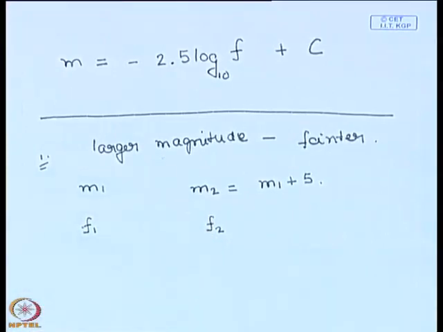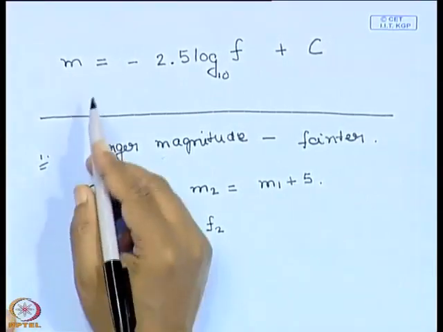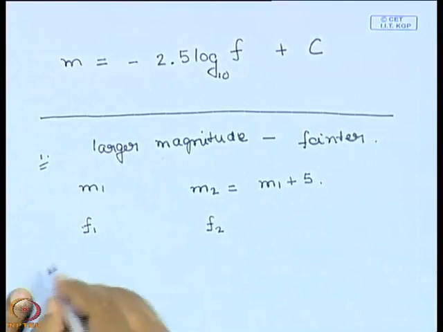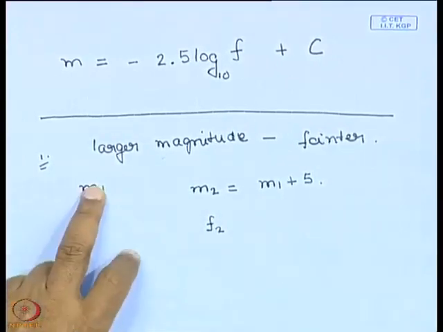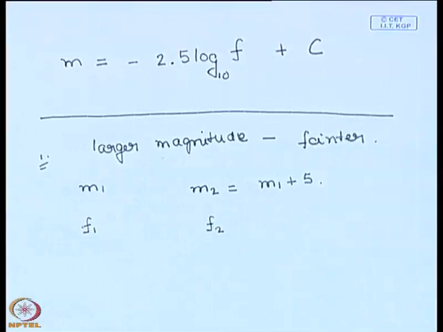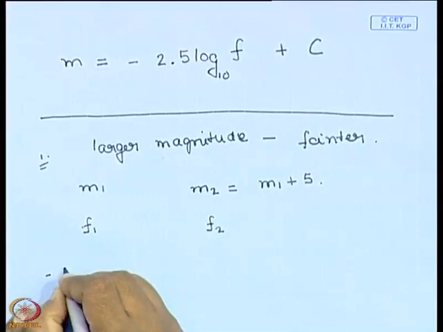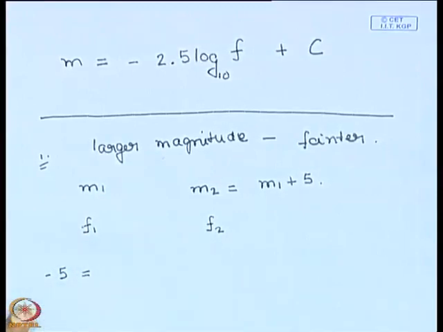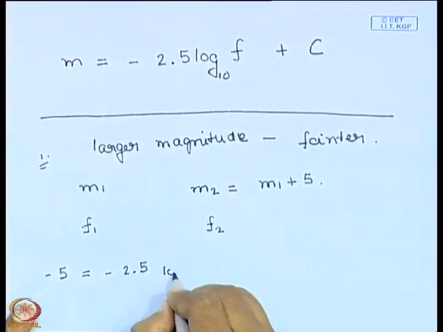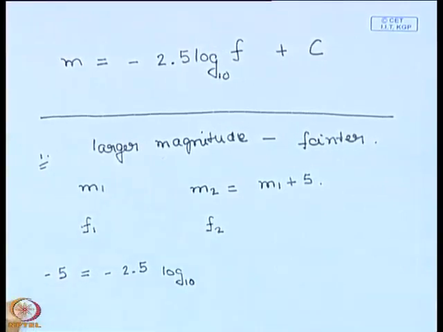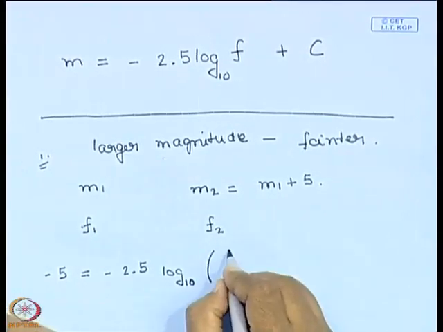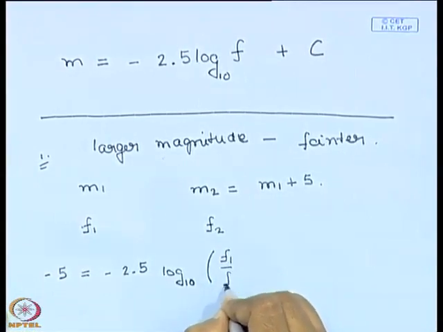There are 2 sources. So this is quite straightforward. So we can just subtract, consider M1 minus M2, and if you consider M1 minus M2, what you have is minus 5 is equal to minus 2.5 log base 10 of the ratio of the 2 fluxes, F1 by F2.